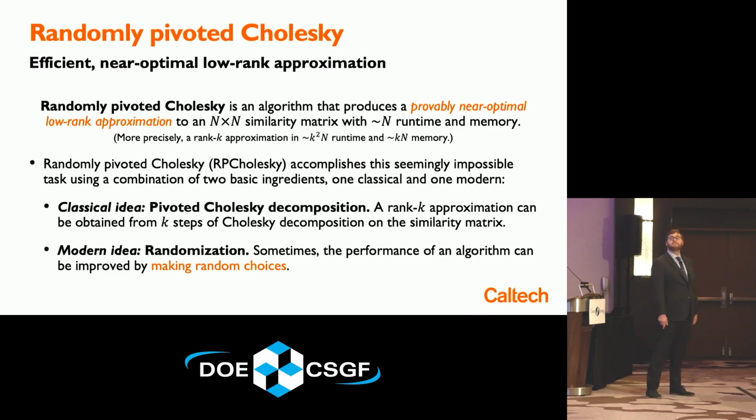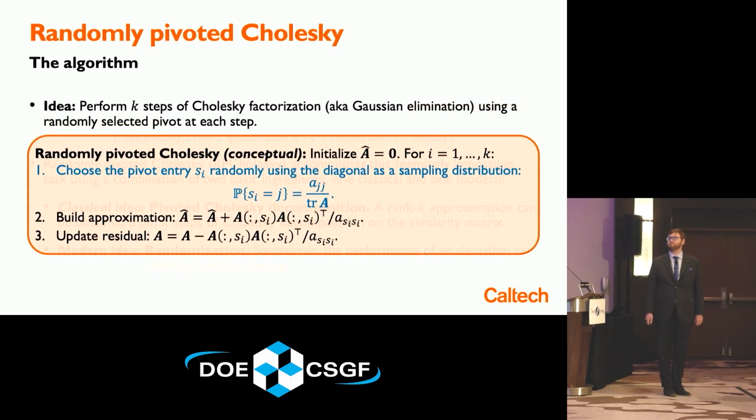So the classical idea is a so-called pivoted Cholesky decomposition, which has been used to compute low-rank approximations to matrices since the 80s. The real thing that our algorithm does that supercharges this classical idea is combining it with a modern idea of randomization. The idea that sometimes the performance of an algorithm can be improved by allowing the algorithm to make random choices.